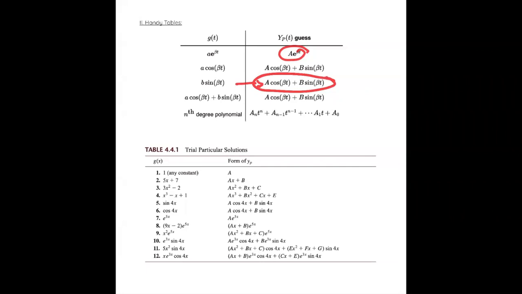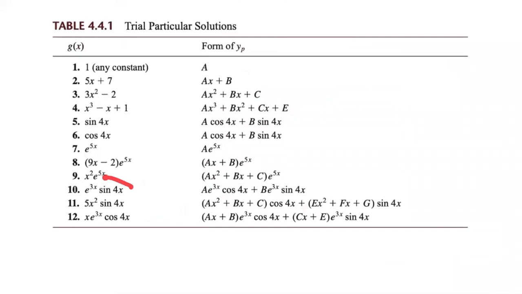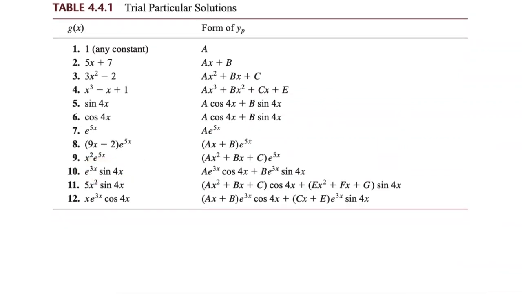But you might be asking yourself, what do we do when the functions are multiplied together? That's where I think this table from your textbook is a little bit handier, because this e to the 3x sine 4x is actually really close to what we had. We just had different numbers, right? We had e to the 7x sine of 10x.